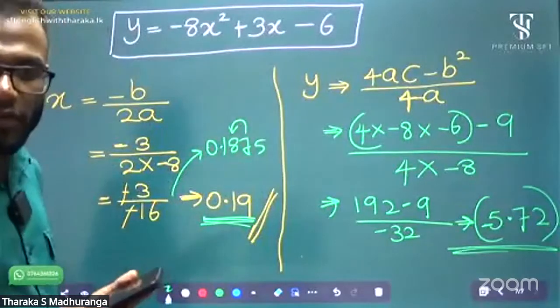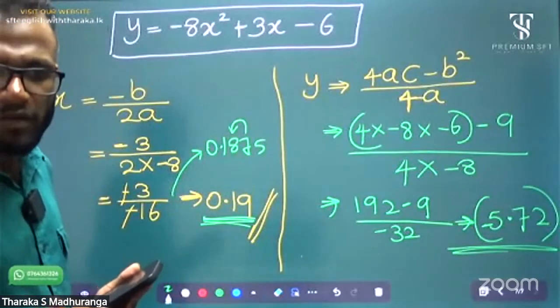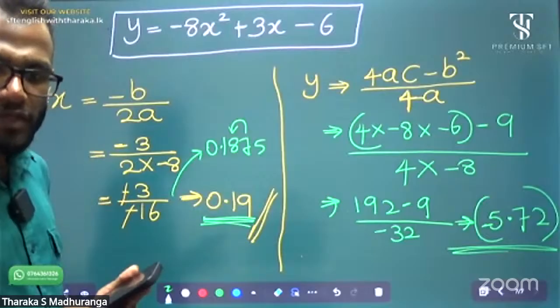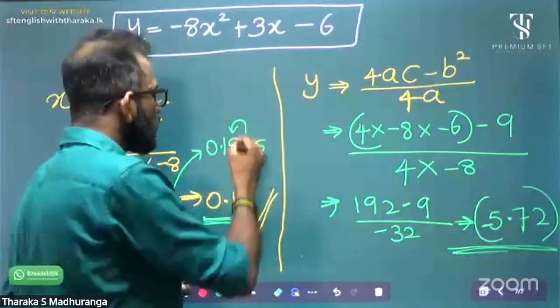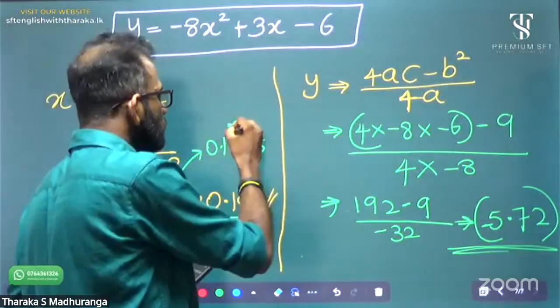It is not wrong, but it is better to round off into 2 decimal points.